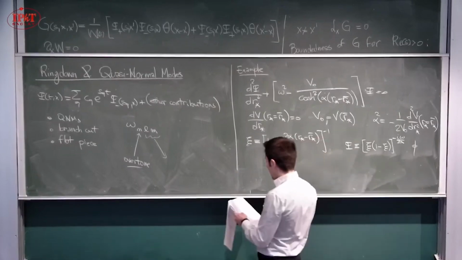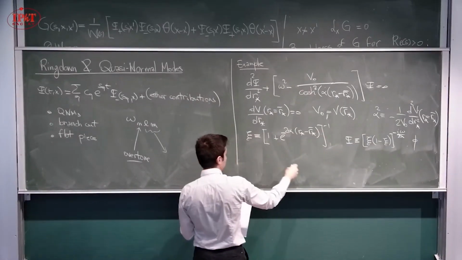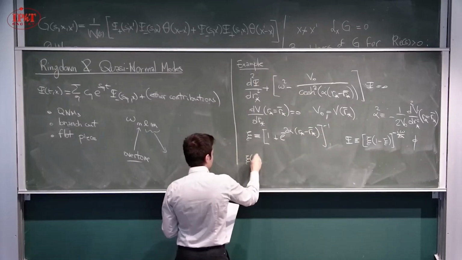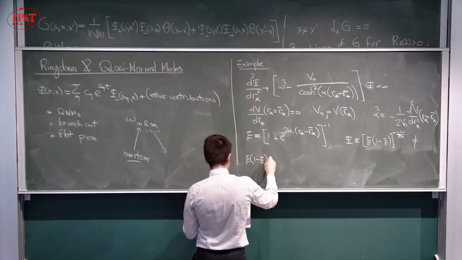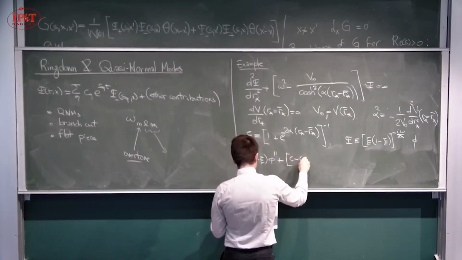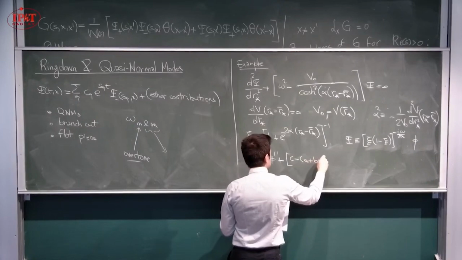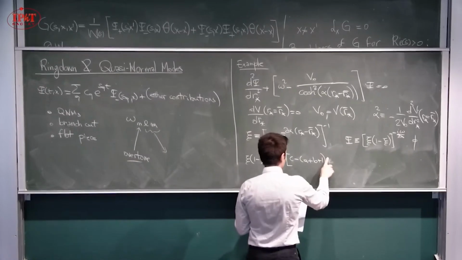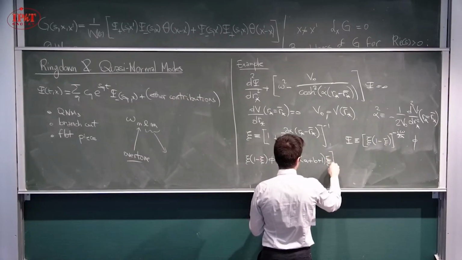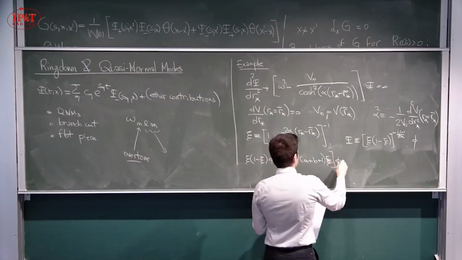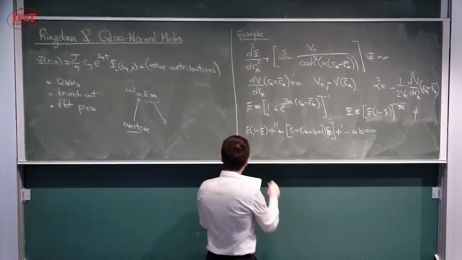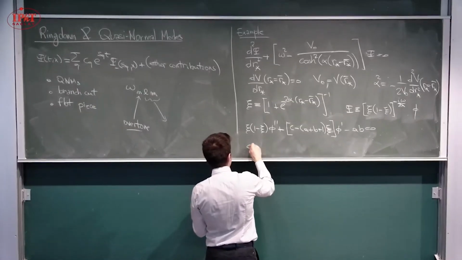You discover in the end that the equation for this new field phi takes a simple hypergeometric form, plus (C minus A plus B plus 1) phi prime minus AB phi equals 0, where A, B, C are some parameters.